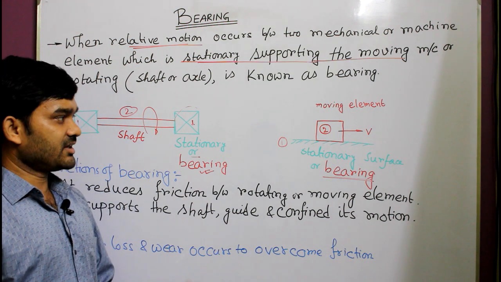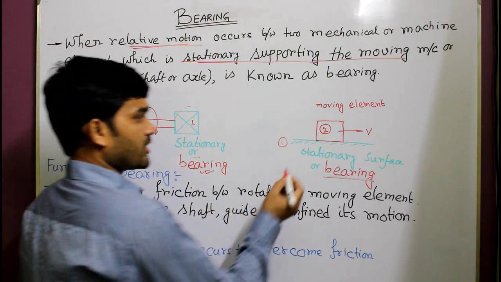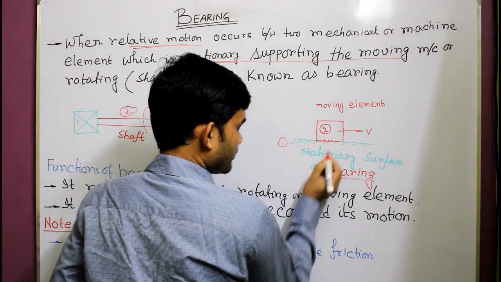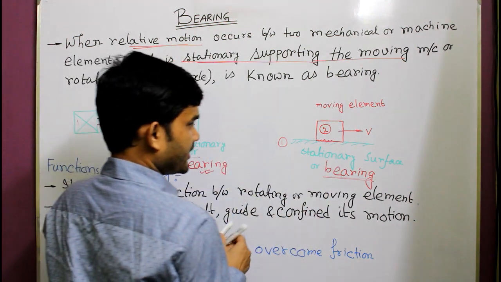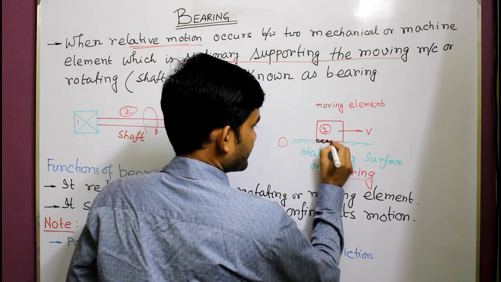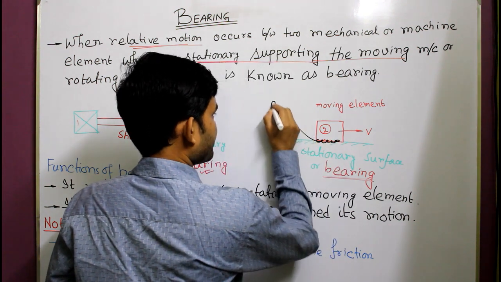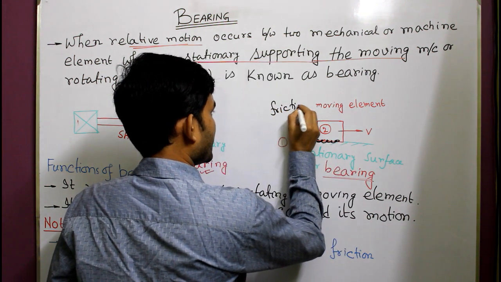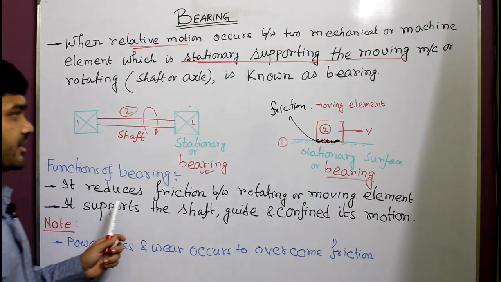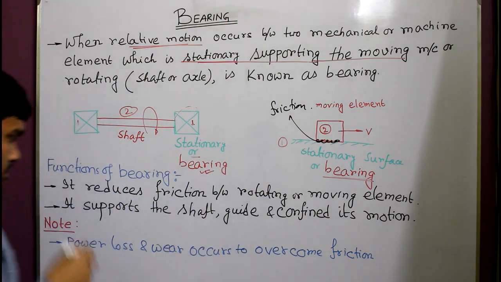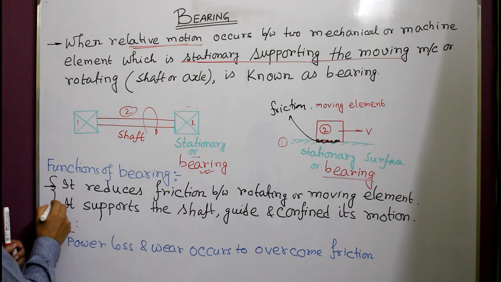As we know, when there is relative motion, there will always be friction at the contact surface. So bearings basically reduce this friction. These are the two main functions of a bearing.